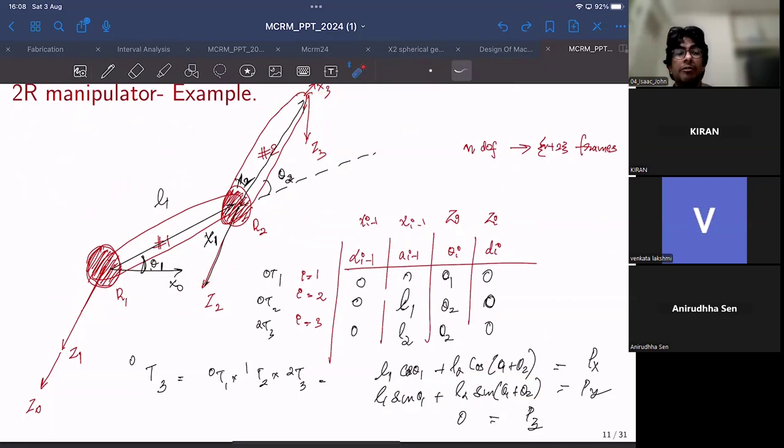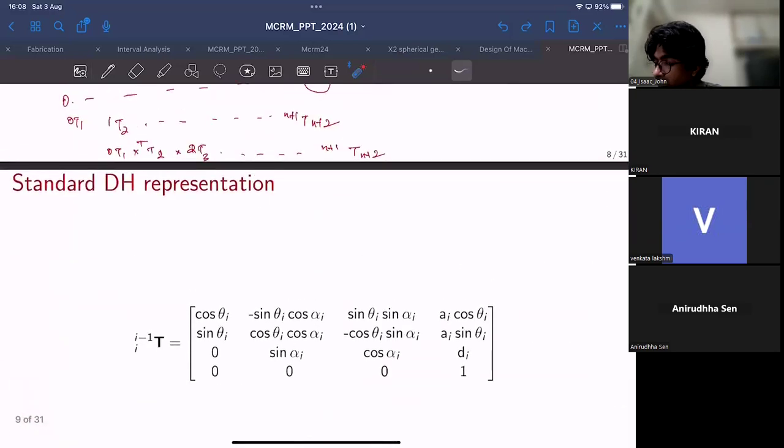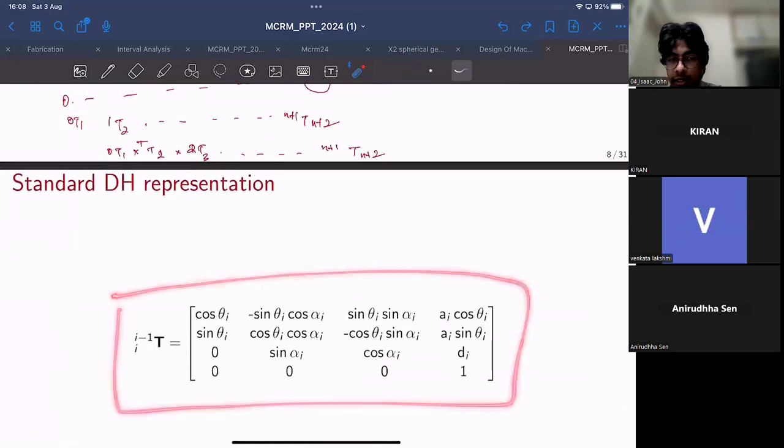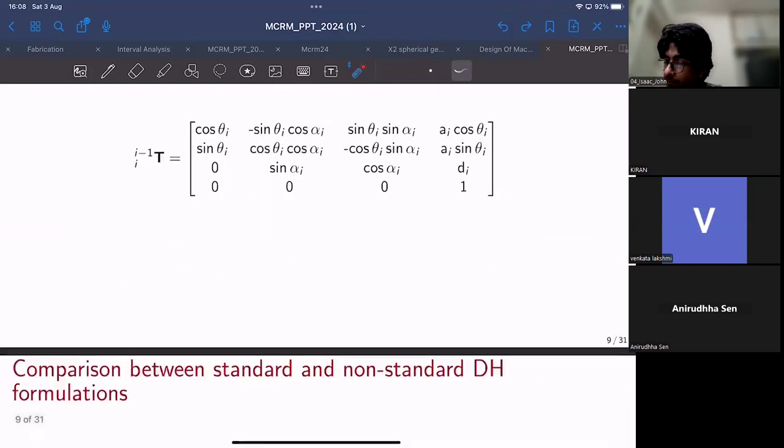But if you have more number of links, maybe for example 4 or 5 or even 6 degrees of freedom, you cannot simply solve it purely by its geometric configuration, because it becomes far too complicated. So in order to do that, you will require a systematic construction of this DH parameter table, and then substituting each of these parameters into the matrix over here, corresponding to which i you are dealing with.